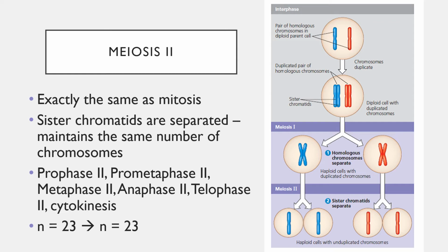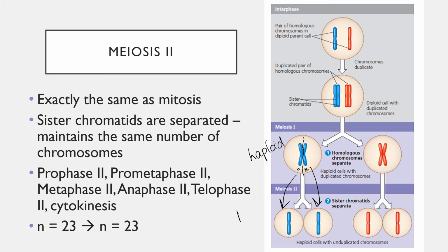We're going to take these 2 sister chromatids and we're going to separate them and split them into their own cells. So we're taking the identical copies of that particular chromosome and separating them into cells. The problem is, well, not really a problem, but the key thing to remember is these were haploid cells. I don't have the copy that I got from each of my parents in these cells. I'm only going to have 1 copy inside those cells.